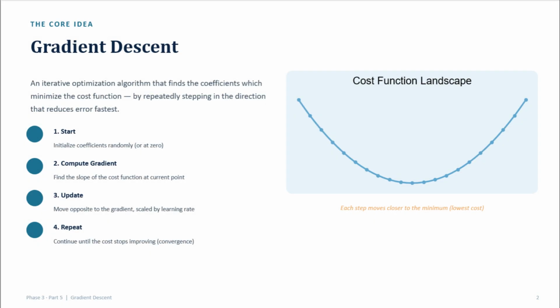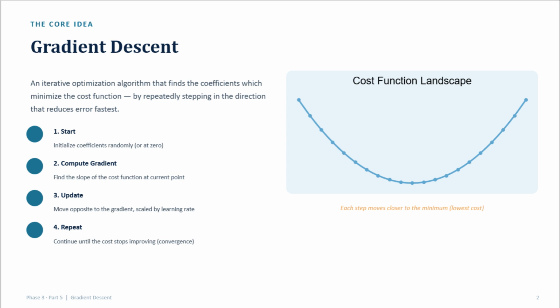Gradient descent is an iterative optimization algorithm. Its goal is to find the best values of the model's coefficients that minimize the cost function, which measures how far our predictions are from the actual values. The process is quite simple. We start with some initial coefficient values, usually zeros or random numbers.